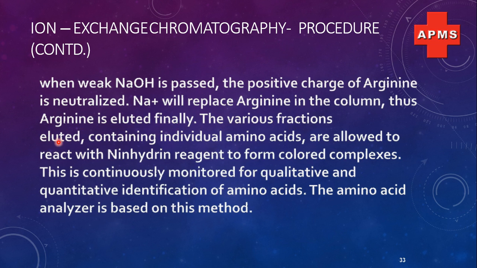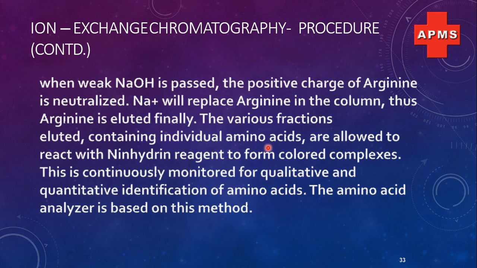The various fractions eluted containing individual amino acids are allowed to react with ninhydrin reagent. This ninhydrin reagent reacts with various amino acids and forms different complexes which have different colors. So different amino acids, when they react with this ninhydrin reagent, form different colored complexes.